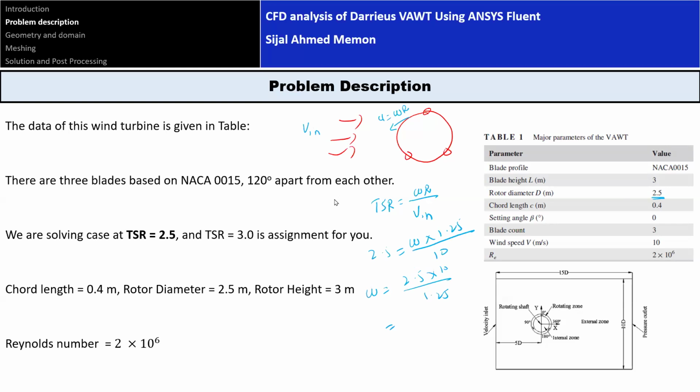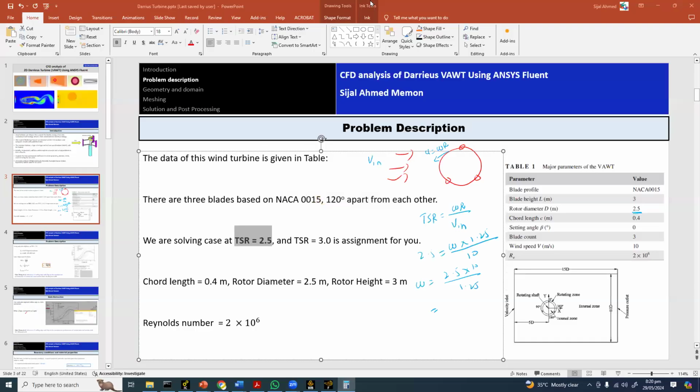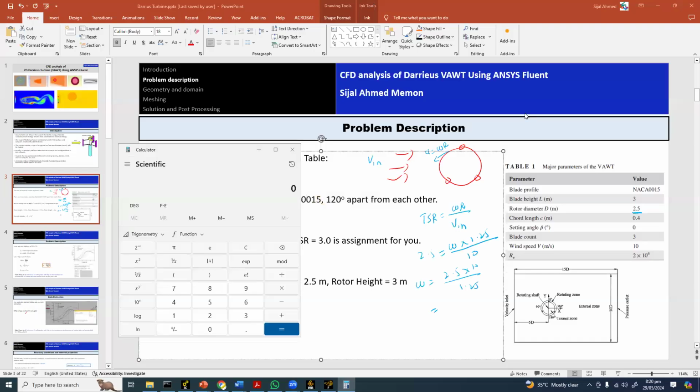So I can calculate the value. It will be 2.5 into 10 divided by 1.25. So it's 20 radians per second.